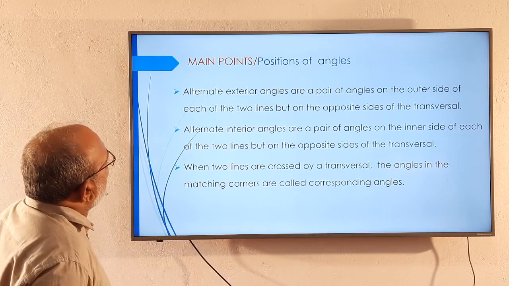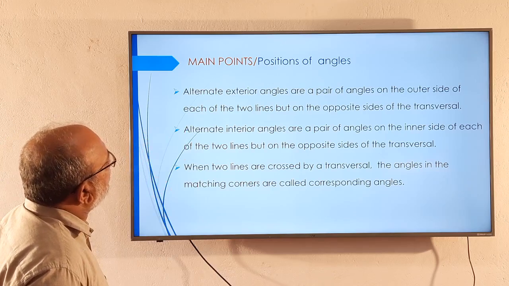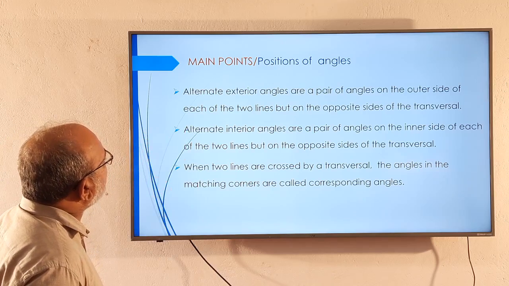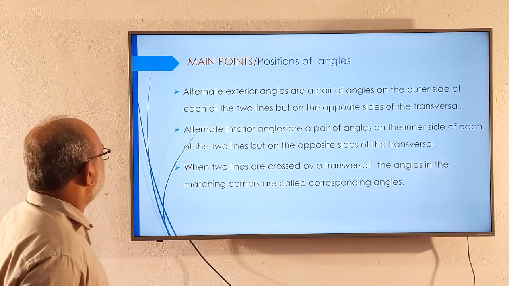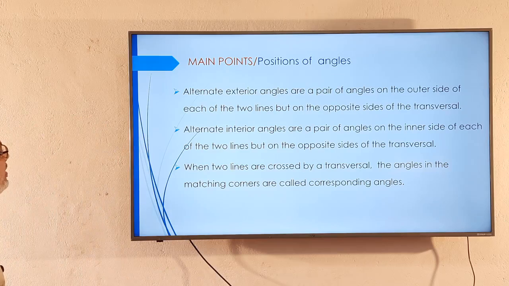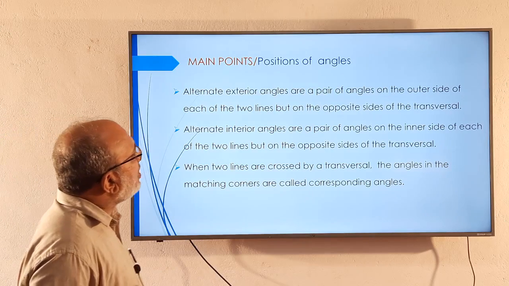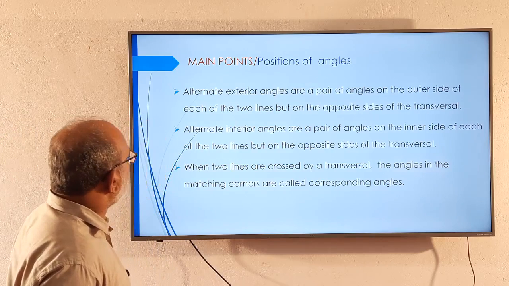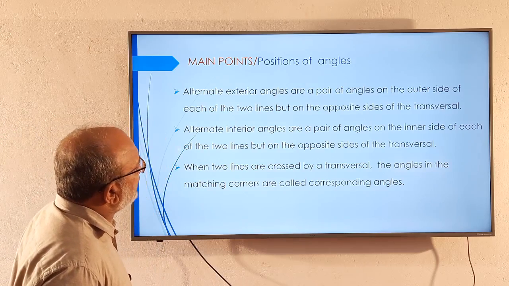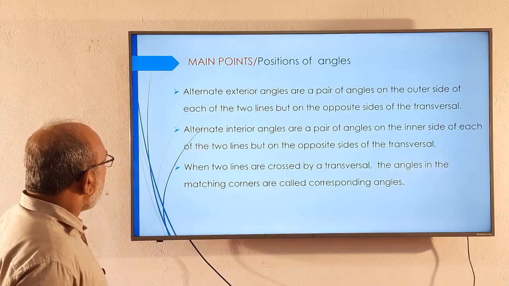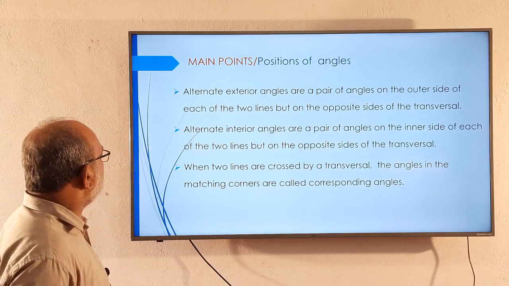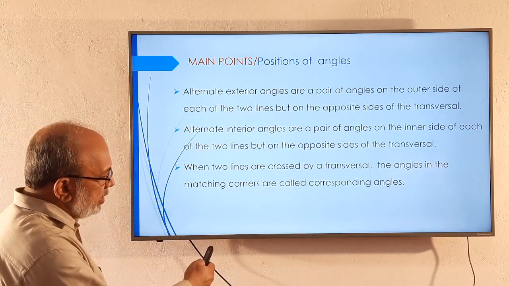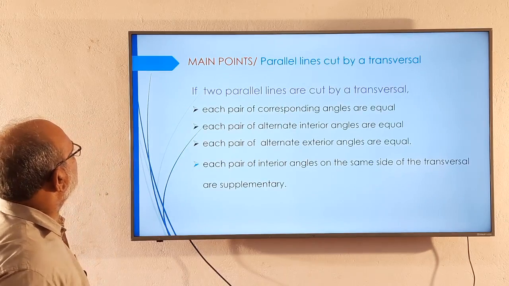Alternate exterior angles are a pair of angles on the outer side of each of the two lines, but on the opposite sides of the transversal. The second one, alternate interior angles are a pair of angles on the inner side of each of the two lines, but on the opposite sides of the transversal. When two lines are crossed by a transversal, the angles in the matching corners are called corresponding angles.